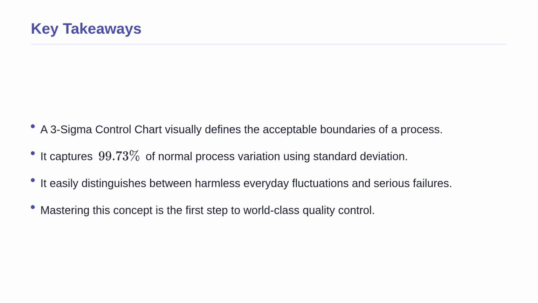Finally, this mathematical framework allows businesses to easily distinguish between harmless everyday fluctuations and serious process failures. Mastering this concept is your first major step in understanding how world-class quality control is achieved. You now have the tools to analyze and stabilize real-world processes.